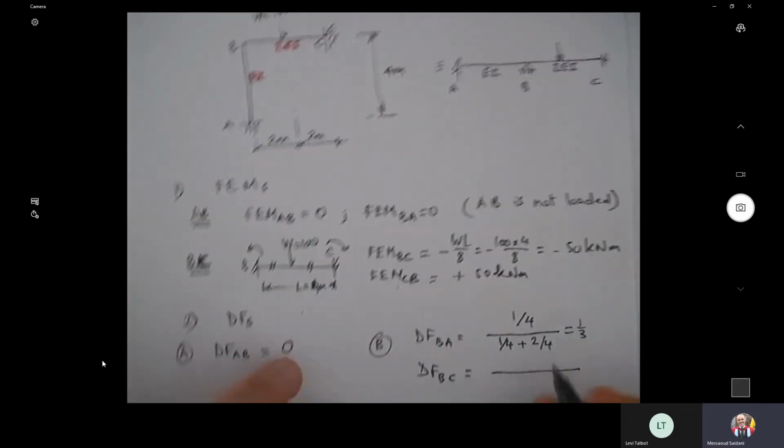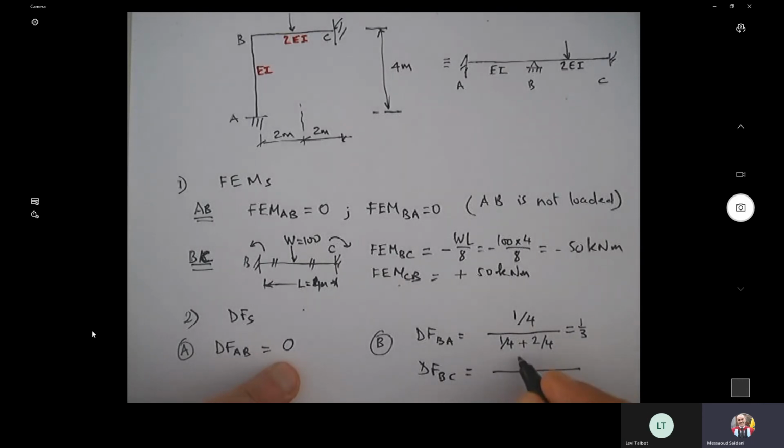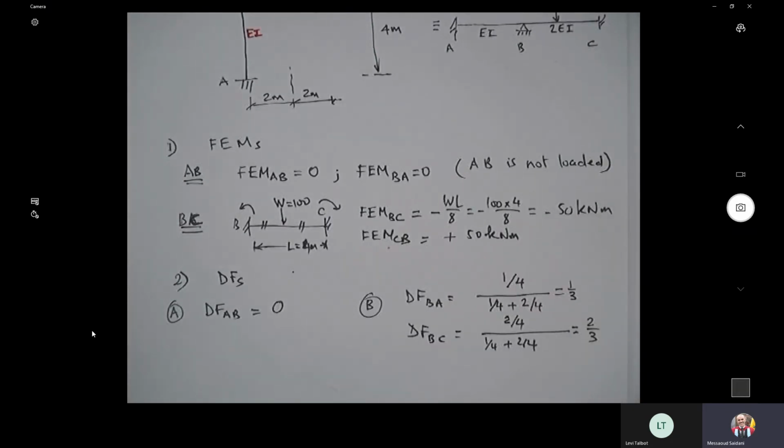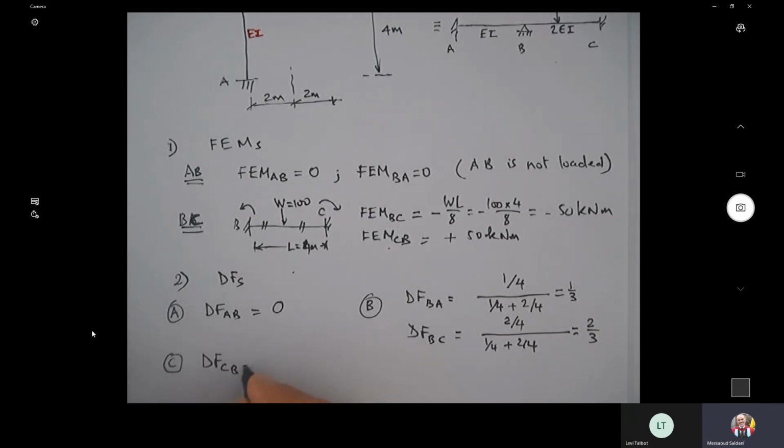And then for BC, stiffness of BC, which is 2EI/4, so it's 2/4, and then it's 1/4 plus 2/4, and this is 2/3. And you can see that the sum is 1. And finally, for joint C, we have only one member at C, and that's DFCB, and it's equal to 0 because the joint is fixed.